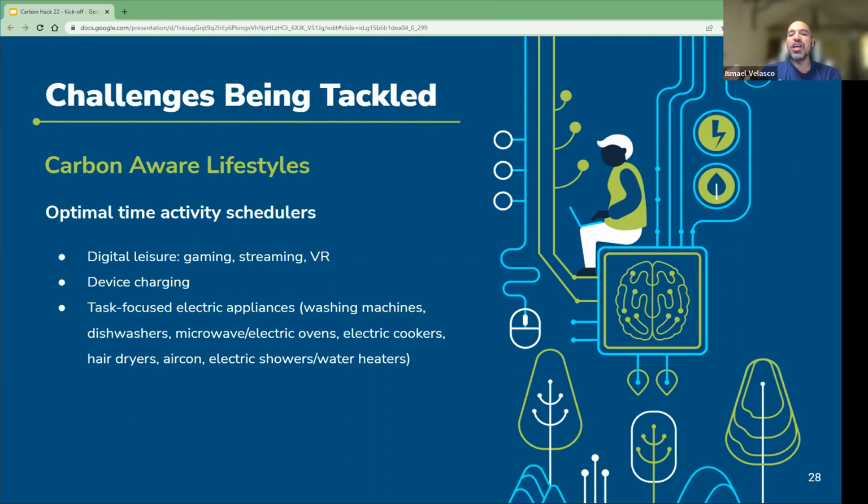Ways of charging your devices that only pull electricity at green times. Task-focused electricity appliances, whether directly embedded in the appliances or just alerts or apps or schedulers on your phone that tell you now is a good time to put on the washing machine, the dishwasher, the electric oven, electric cookers, hair dryers, air conditioning, etc. So these can be very simple tools that have very exponential effects. Next.